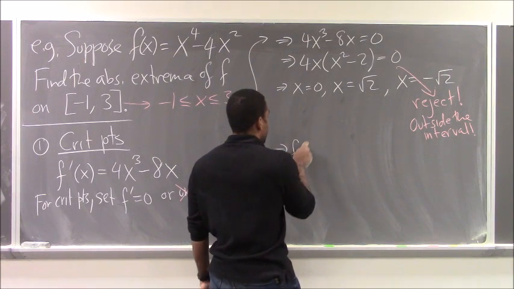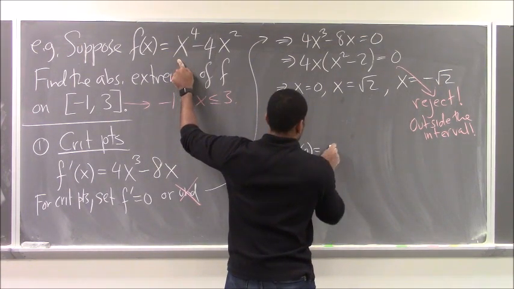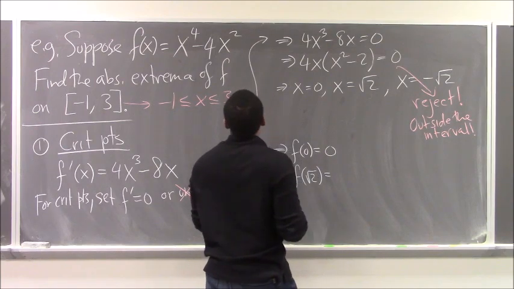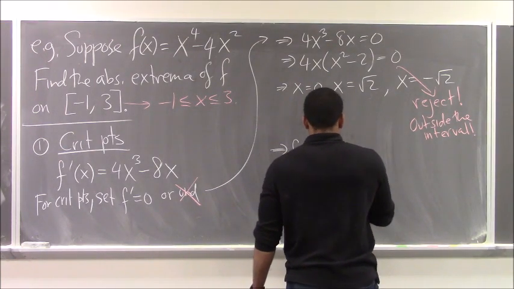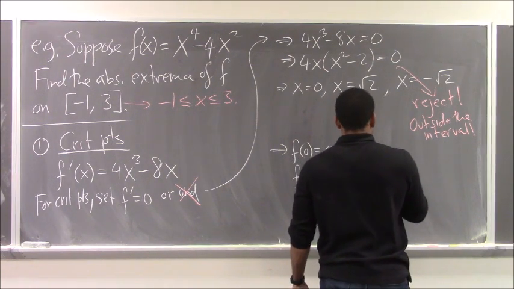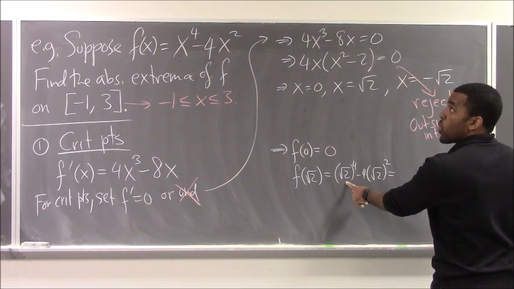So I'm going to have f of 0, which I'm going to plug into the original, 0. Then I'm going to have f of radical 2, which is going to be, well, radical 2 to the 4th minus 4 times radical 2 squared. Radical 2 squared is 2.